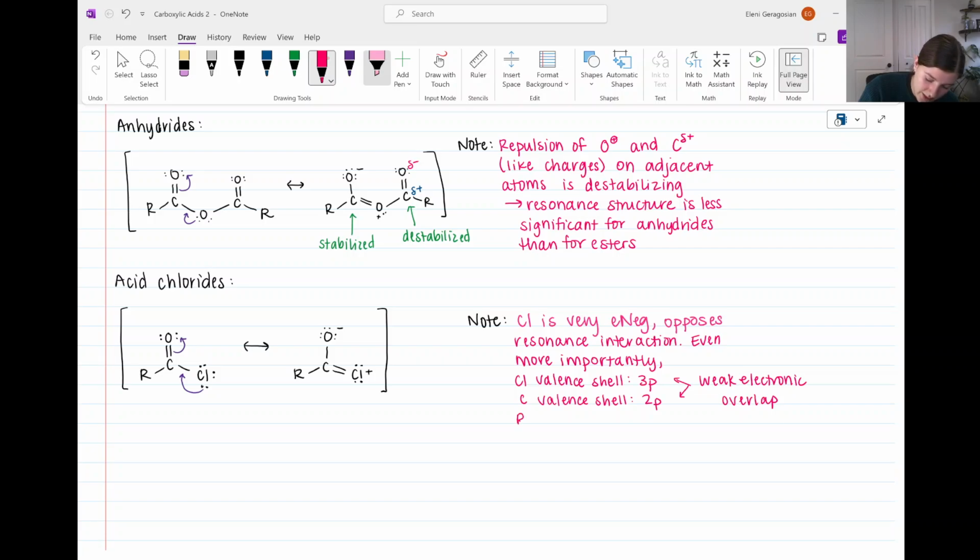So all of this means that this resonance is less significant for acid chlorides than anhydrides.